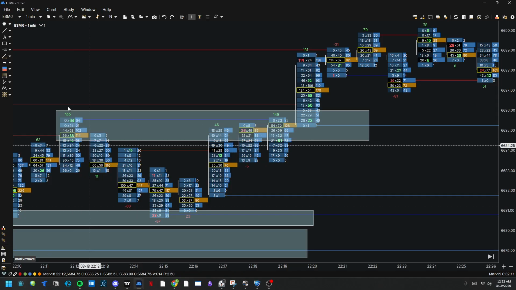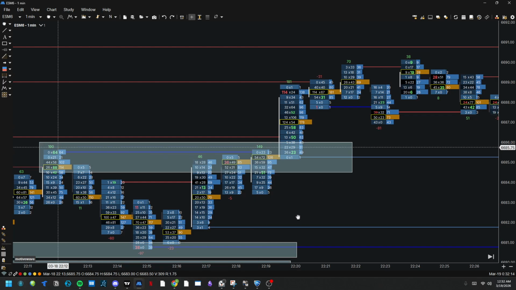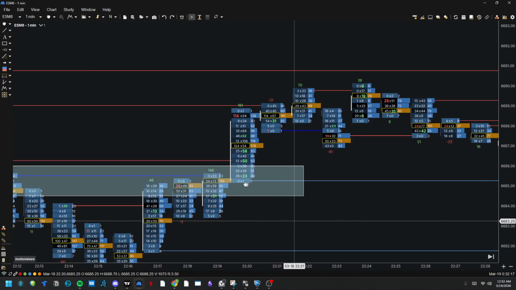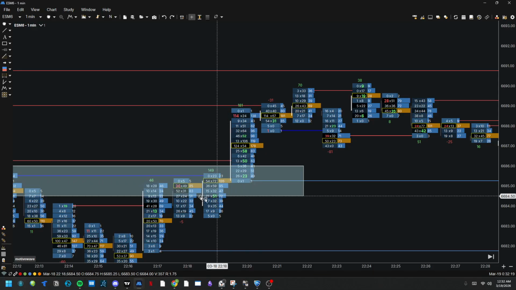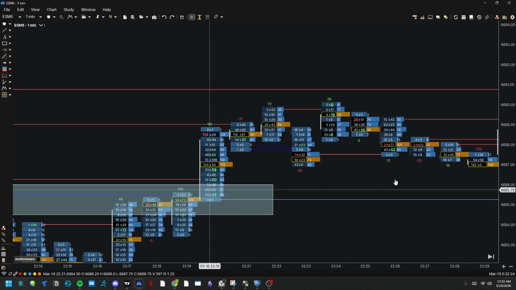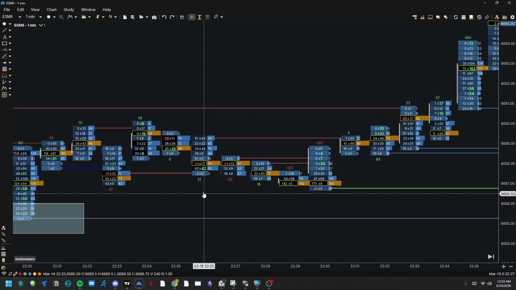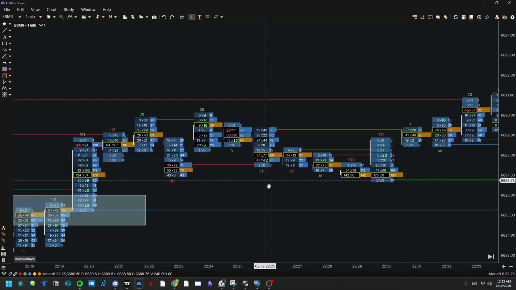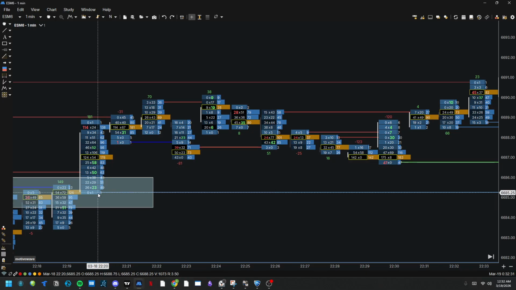You use this same narrative: past this imbalance, you break above it, you make an imbalance. You can see here you wick the POC to the tick. Take any of these two ticks, it doesn't matter. You put your stop loss, take your trade, whatever, you're good. And let's say you miss this.